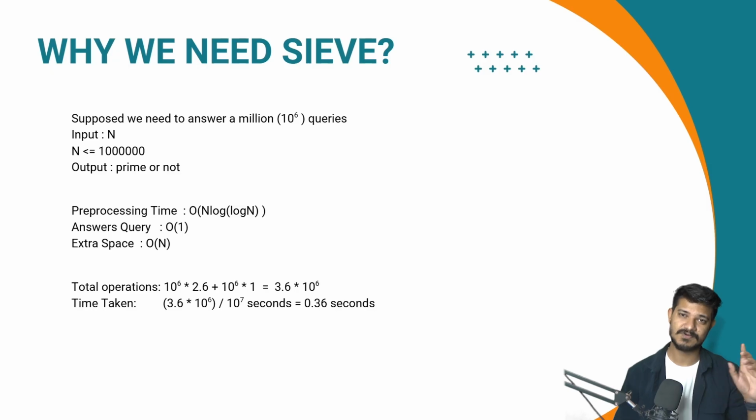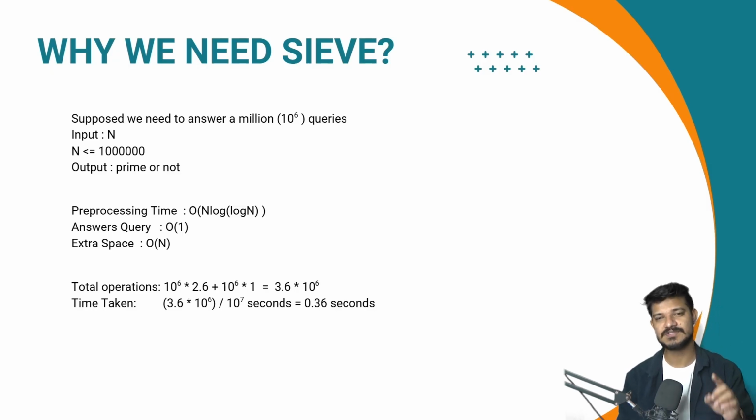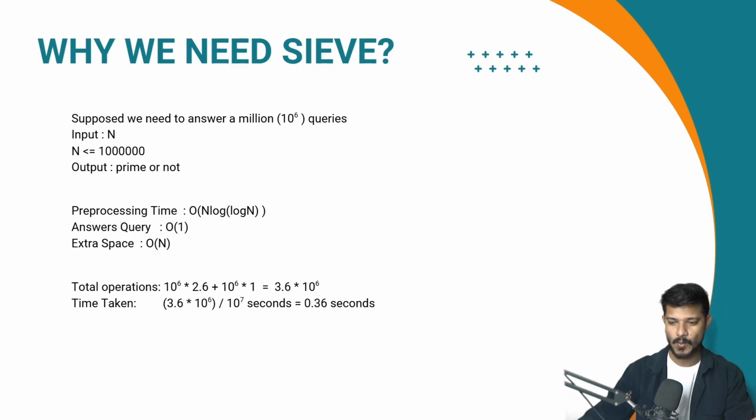Earlier we were taking 100 seconds. Now the same amount of work we are able to do in 0.36 seconds, and this solution will pass. Why is it faster? Because you can answer each query in constant time, and it only takes N log log N time for pre-processing. So that's how the Sieve algorithm helps.